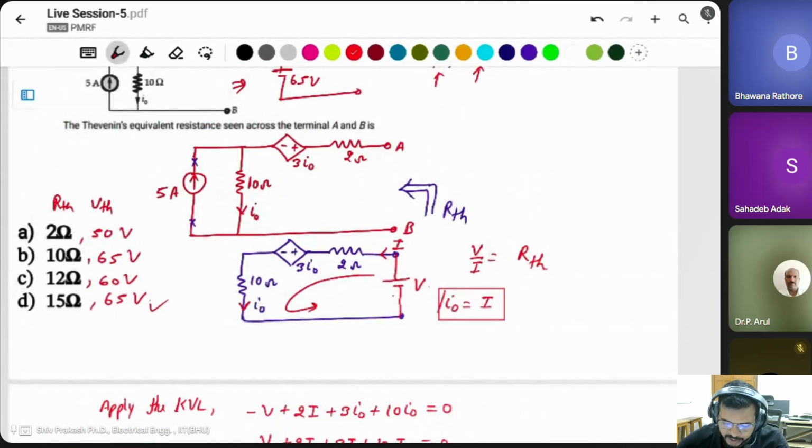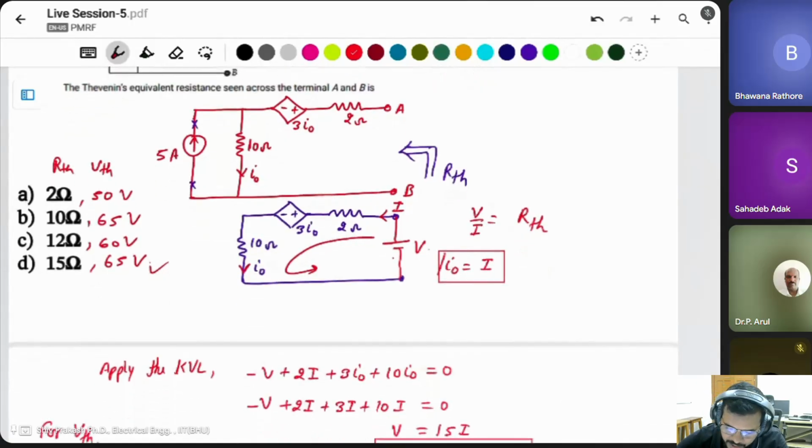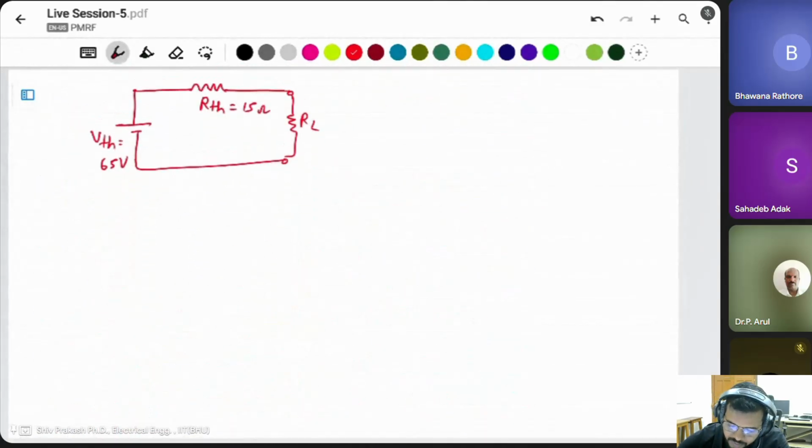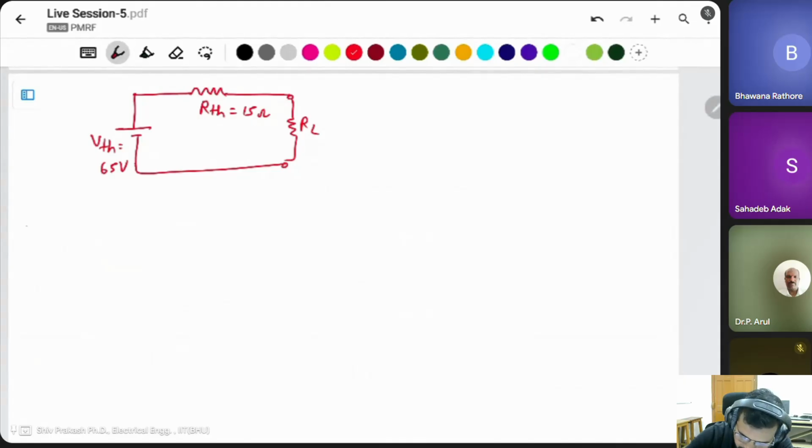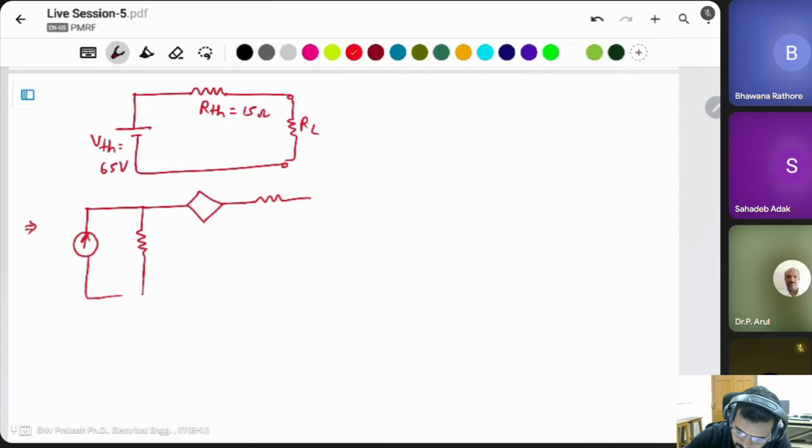But for the same circuit you can use another method also. Suppose don't remove any source. This is the circuit, 5 ampere, 10 ohm. This is I naught, minus and plus. This is 3 I naught.